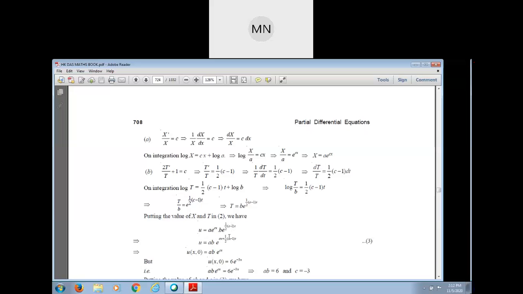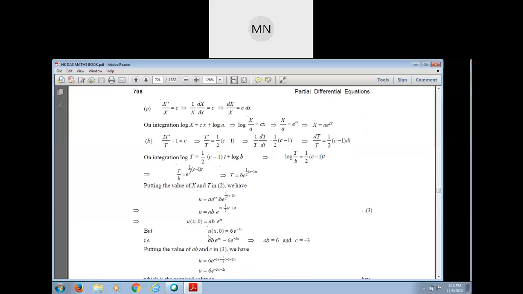And we are given that u of x0, x0 means t is 0. So u of x0 equals AB into e to the power Cx, because t will be 0, so this term will be 0.